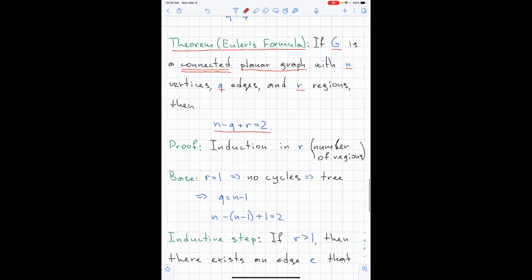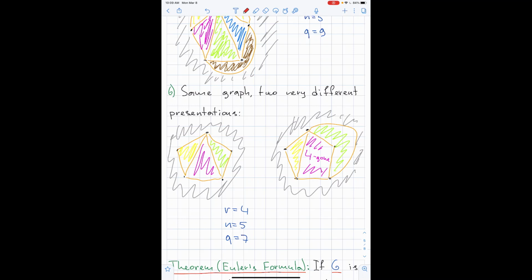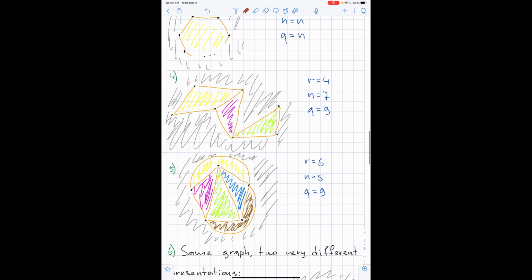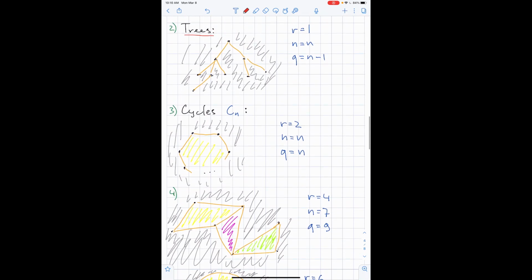So let's prove this. So yes, if you look at the examples, you indeed will notice this. So you need to add up r and n and subtract q. So I have 4 plus 5 minus 7, that's 2. 6 plus 5 minus 9, again 2. 4 plus 7 minus 9, 2. Then for cycles, I have 2 plus n minus n.